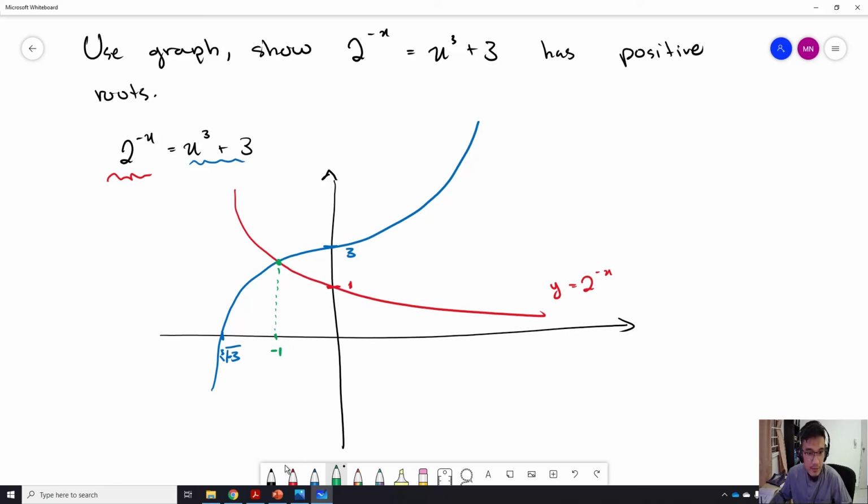So let's say if we want to mention the interval of the root, the interval will be between negative 2 and 0.